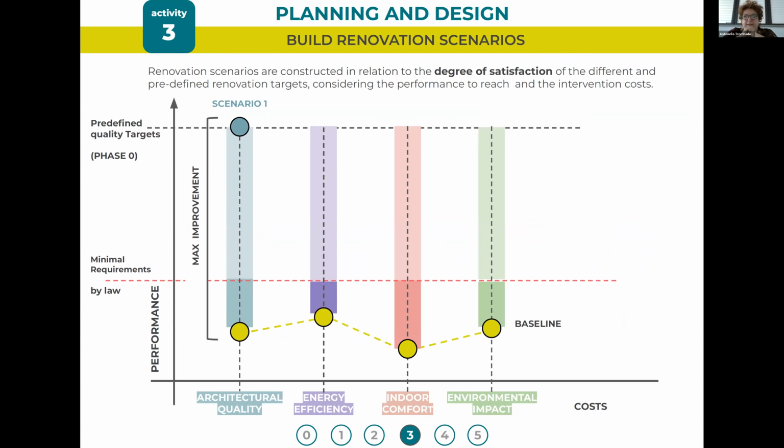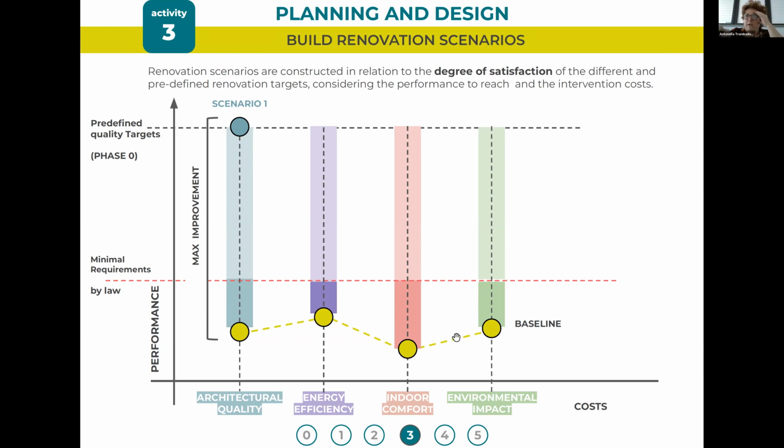And if we define and represent in a graphic element this kind of approach, of course we can demonstrate, according to the 4 pillars, architectural quality, energy efficiency, indoor comfort, environmental impact, the actual level of the building, so the baseline of the existing building, describing the performance.